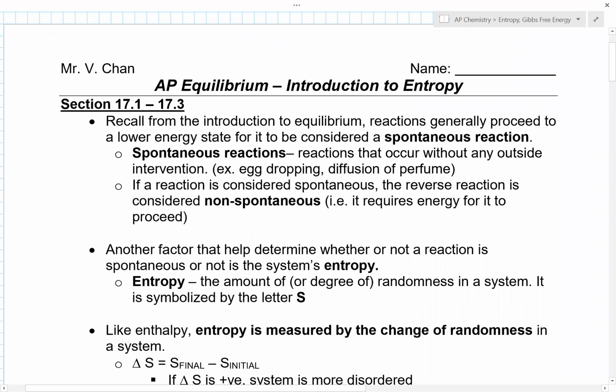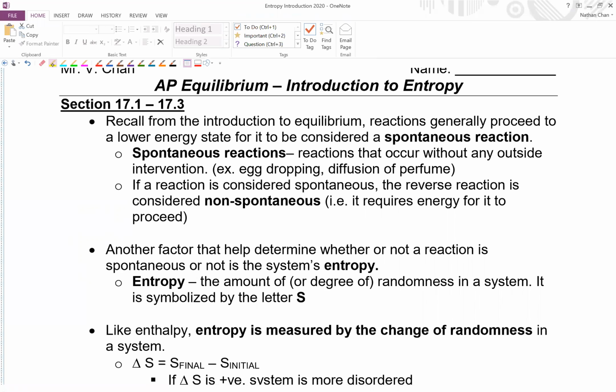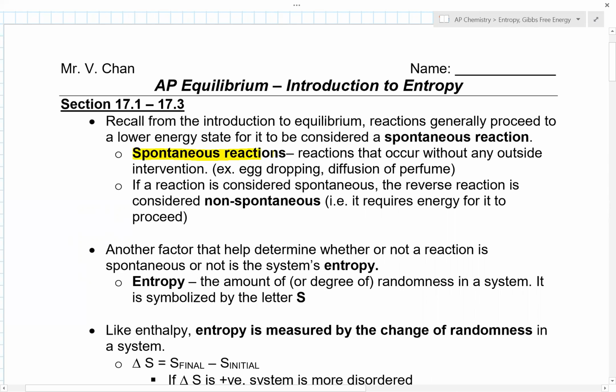Now, recall from the introduction to equilibrium, reactions generally proceed to a lower state for it to be considered spontaneous. A spontaneous reaction is a reaction that occurs without any outside intervention, like an egg dropping or diffusion of perfume.